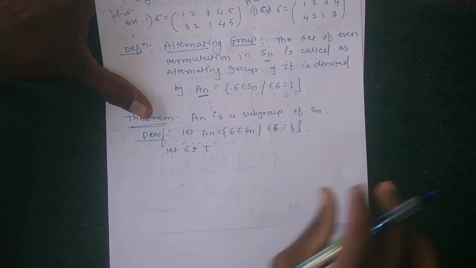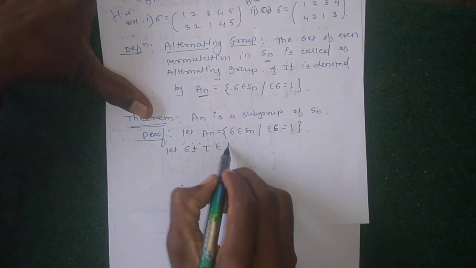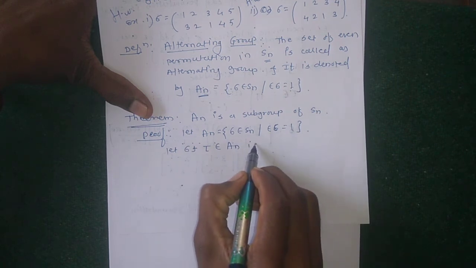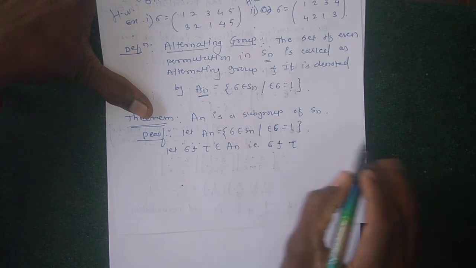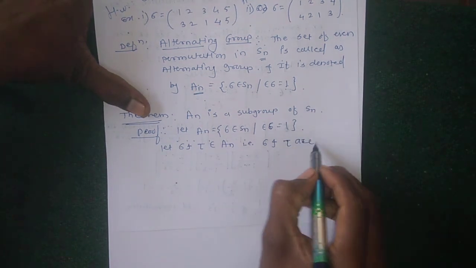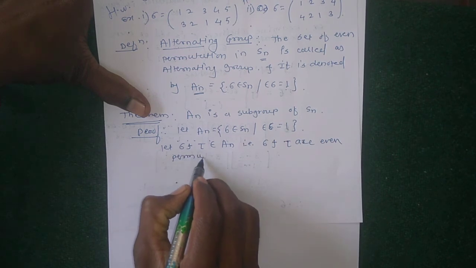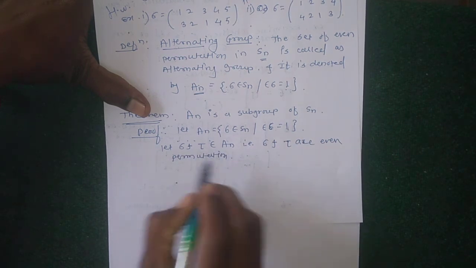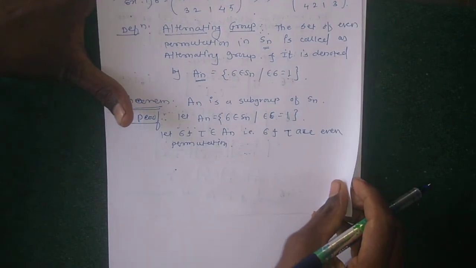These two permutations belong to An, that is, sigma and tau are even permutations, because they are chosen from An, the alternating group.